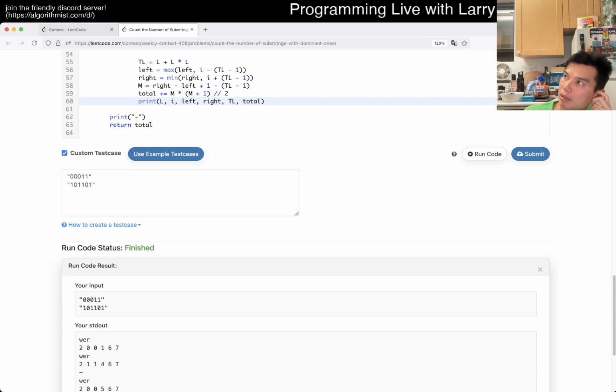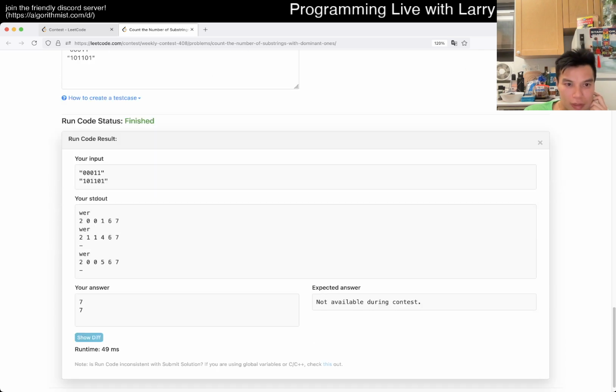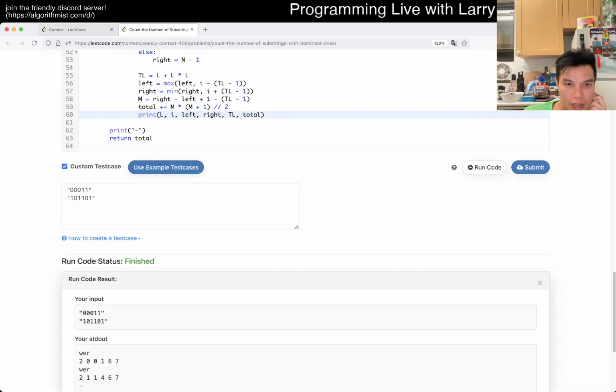I don't know. Alright. So Li, left, right. Okay, 0, 1. That makes sense for 2 zeros. Is that true? No, it goes up to here, but then it goes back. So you have no degree of freedom, really. TL is 6.